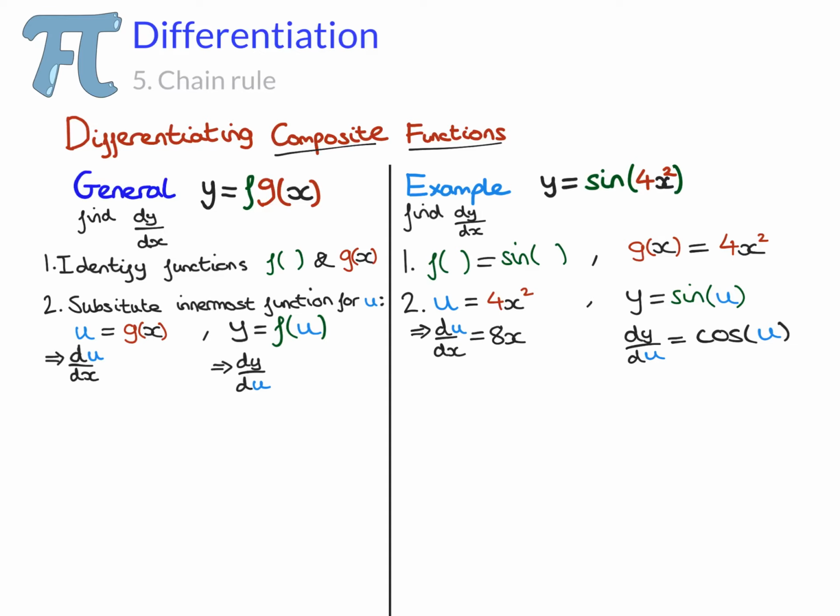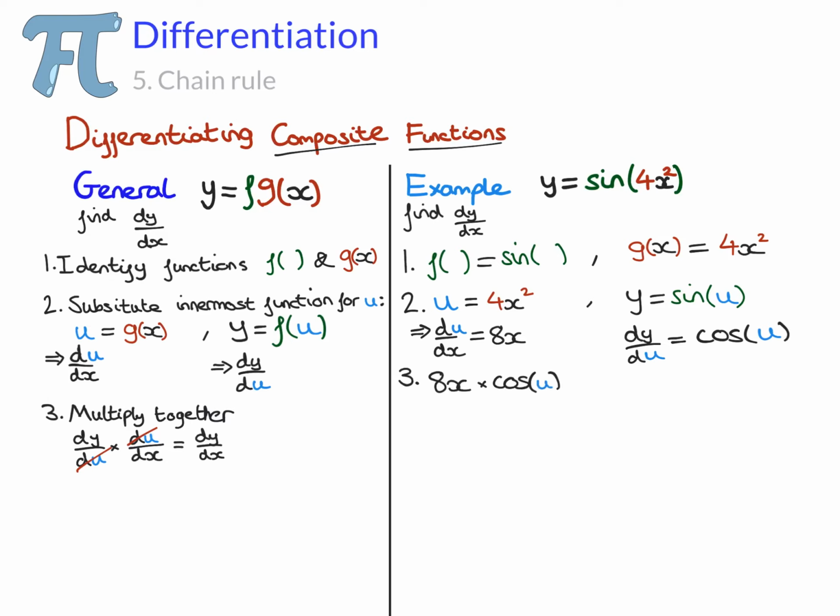For both these differentiations, I can just use the table of standard differentials from the second video. Here's the magic part. When we multiply together dy/du and du/dx, we see that the du's cancel, and we are left with dy/dx.